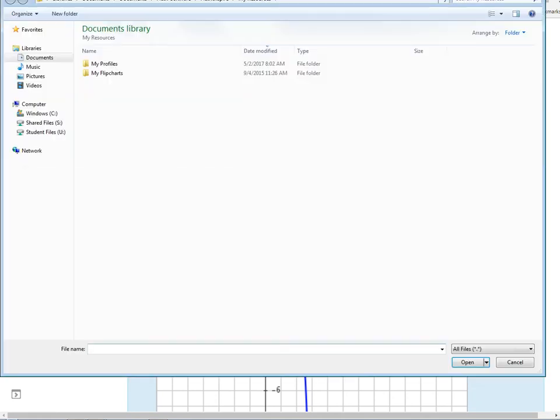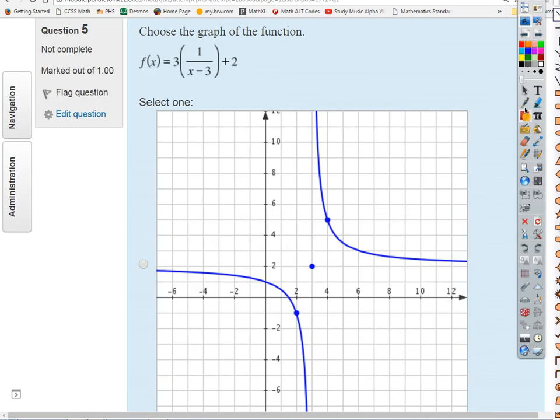So there's one asymptote right there. There's one asymptote right there. So they cross where they're supposed to.